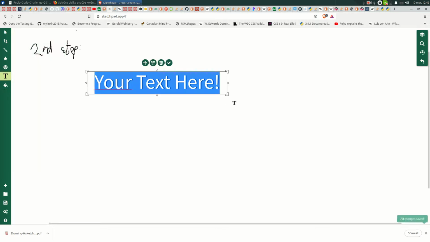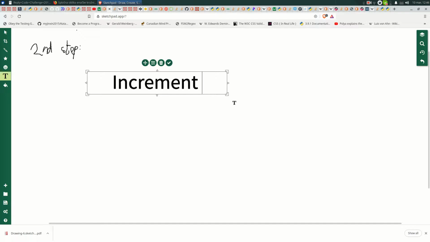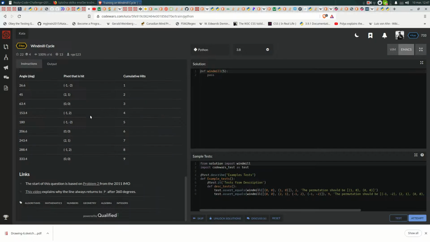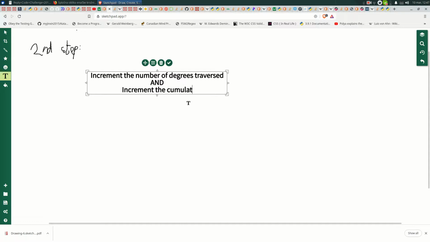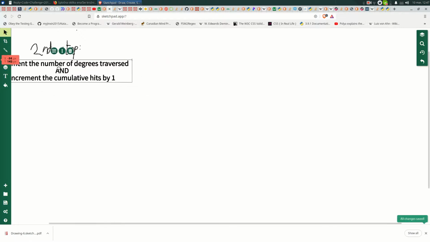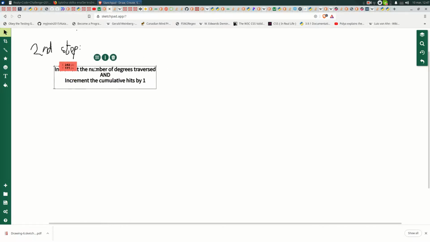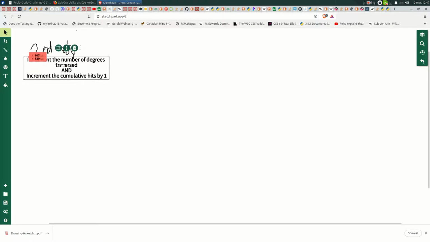We just increment the number of degrees traversed and increment the, how do we call that, the cumulative hits, increment the cumulative hits by 1. Well, yeah, that is the second step.